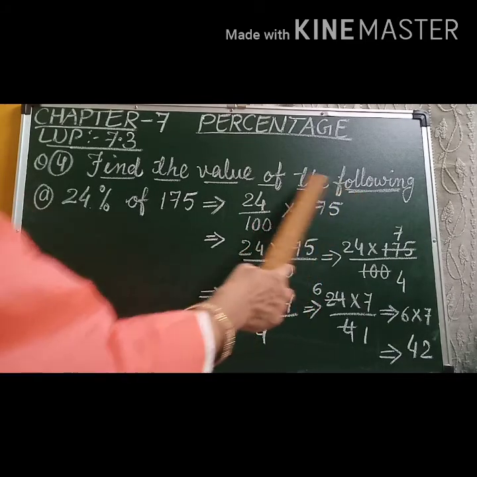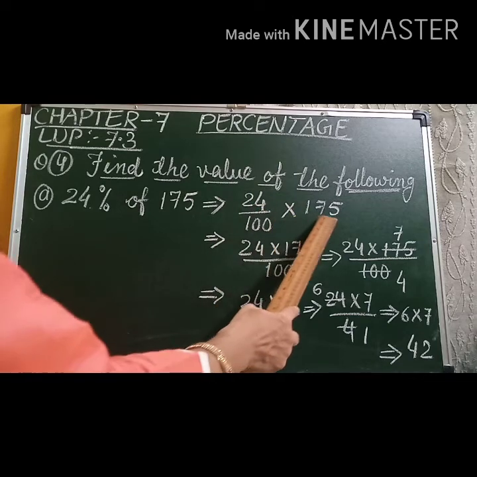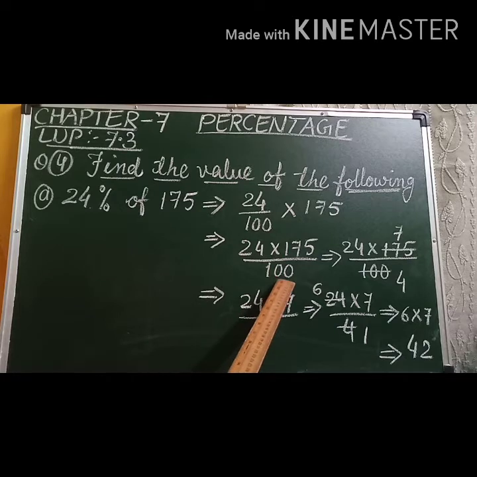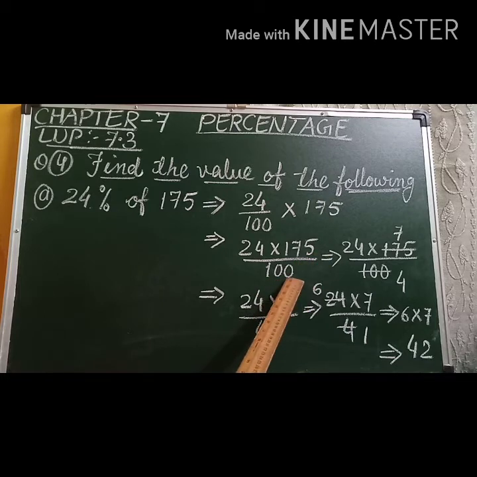So now we have to simplify this term. So 24 into 175 and in the denominator 100. When we simplify this term, we can see 175 is there in the numerator and 100 is there in the denominator. These two terms are multiples of 5 and multiples of 25 also.